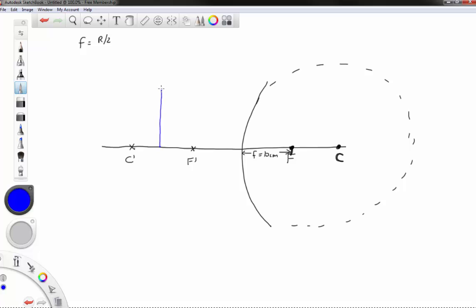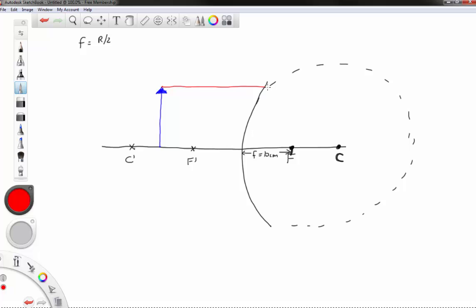So here is the object. And again, the easiest kind of object to draw is something like this, basically an arrow. Now that we have that, the next step is to draw in our two basically rays. So one ray should run parallel to this principal axis.